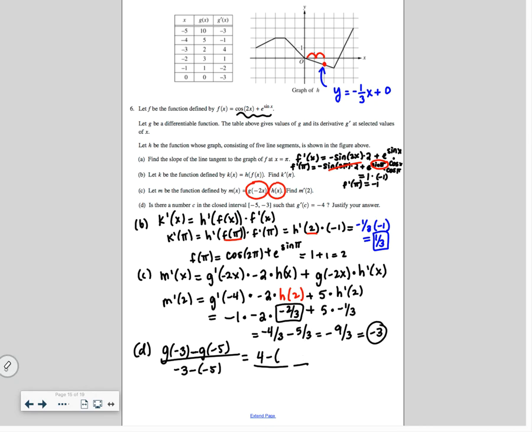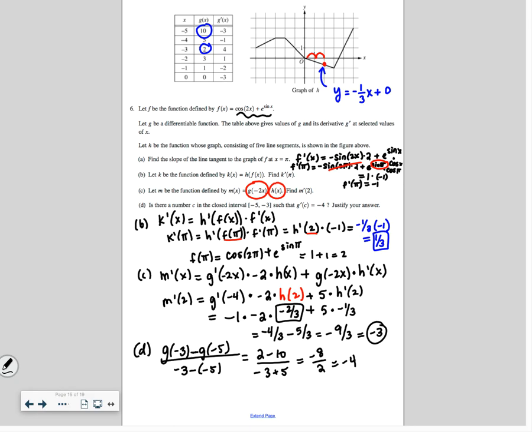Not -3. 10. I got to circle these because I'm going to get a little lost here. So I don't have 4, I have 2, don't I? I got to be careful. Jeez. All right, so I have 2 minus 10 all over -3 plus 5. So I get -8 all over 2, which is -4.